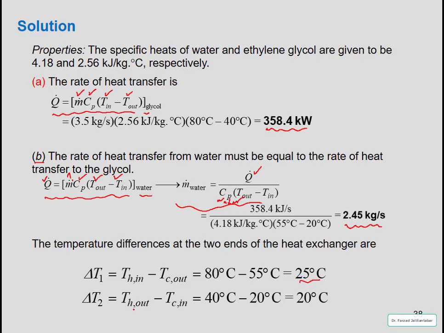Delta T2 is the Th out minus Tc in, temperature of the hot fluid at the output minus temperature of the cold fluid at the input. Then by substitution you can find the delta T2 as well.